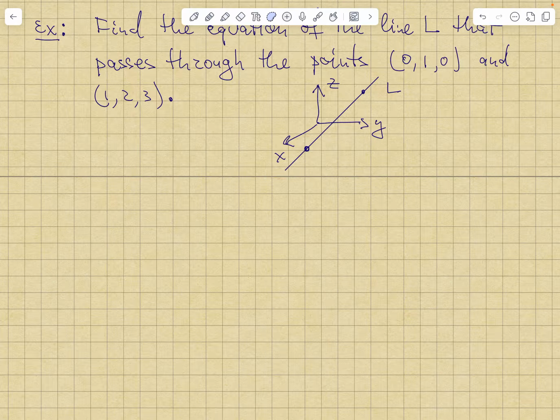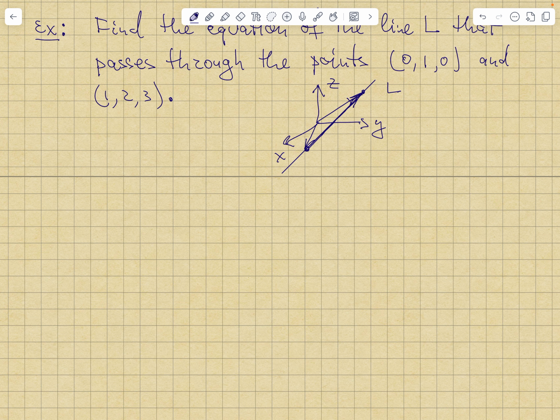And the vector has to be along the line, and clearly a vector along the line is going to be a vector that is pointing from one point to another point. So it's a vector like this. And to find that vector, you need to take a difference between a position vector to one point and a position vector to another point.